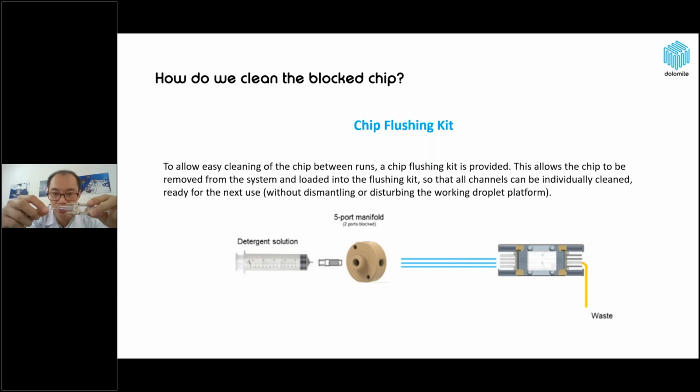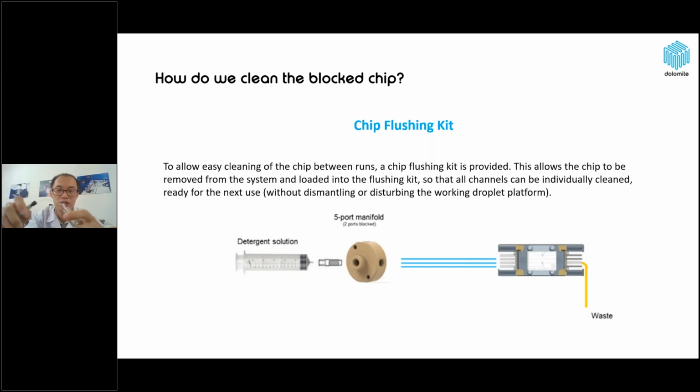The linear connector connects with the tubing, and the tubing connects with the syringe that contains the solvent and pumps the solvent into the chip, through the connectors like this.